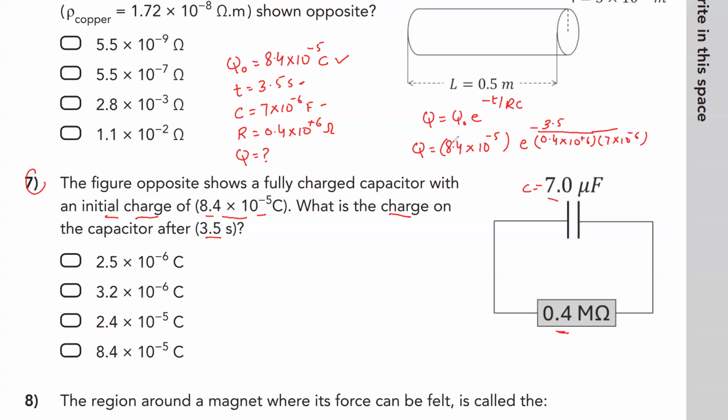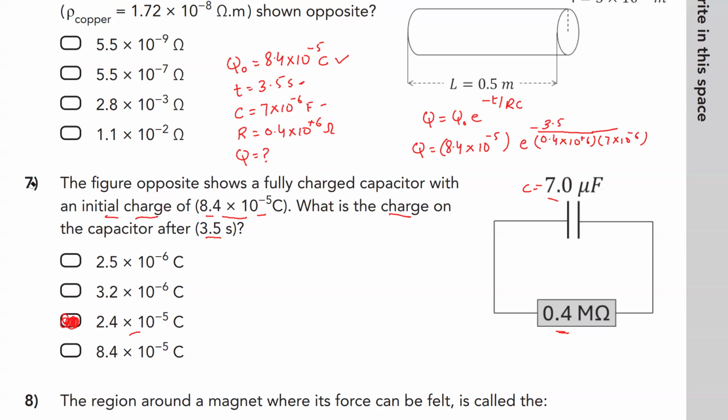When you solve this, the answer will be 2.4 × 10^-5. Just put the values in the calculator and you can easily find it. So this is question number 7.